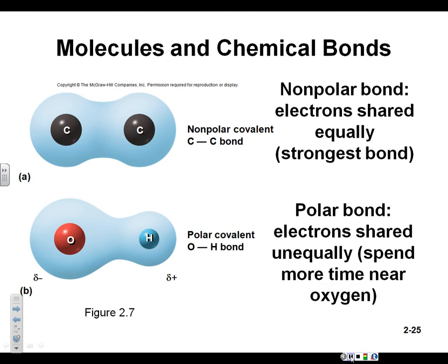So again, with a polar bond, it's the unequal sharing of electrons. They are sharing them, but they are what? Unequal. Now, a polar bond, you can see that they will have a charge affiliated with it.